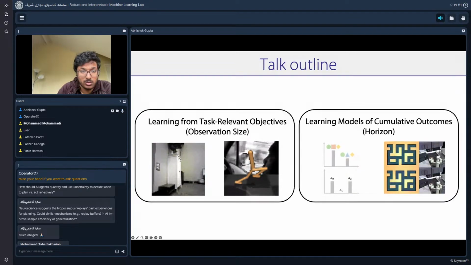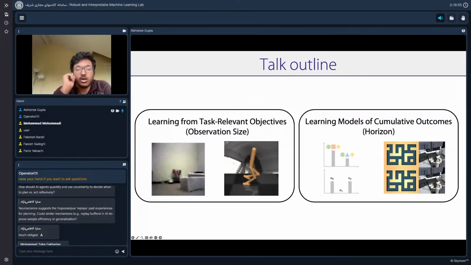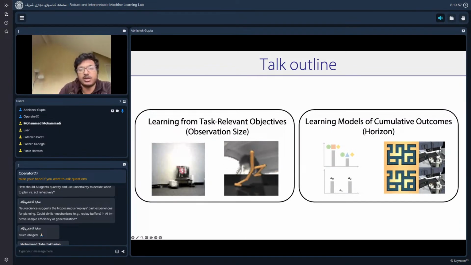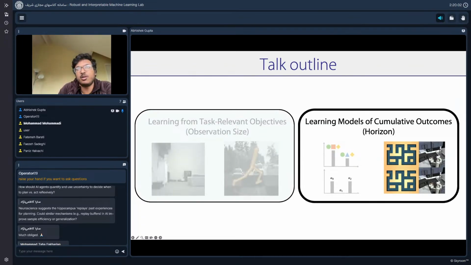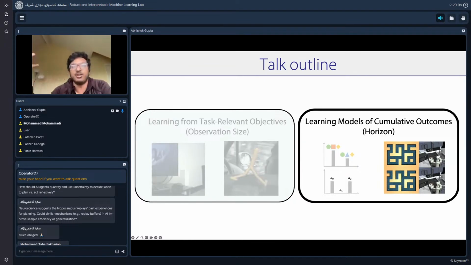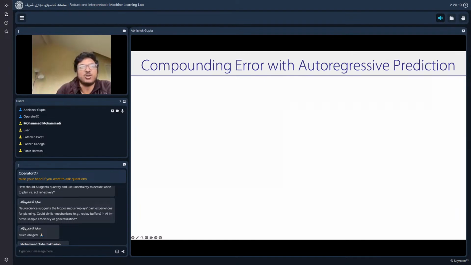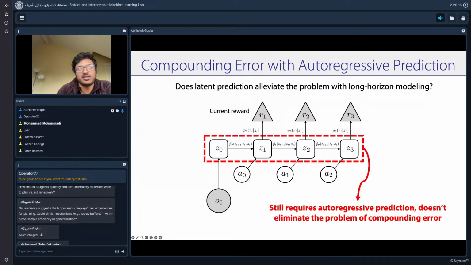Now we've talked about a new style of world modeling, which is trying to predict rewards. Let's think about a second challenge. We've changed what to predict, so let's change how to predict. The model we talked about is still an autoregressive prediction model. It's autoregressive in latent space, but it's still autoregressive.